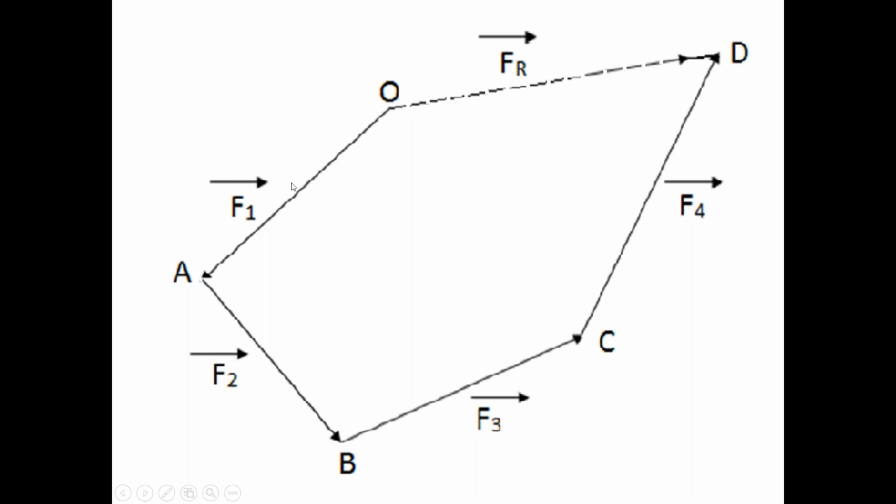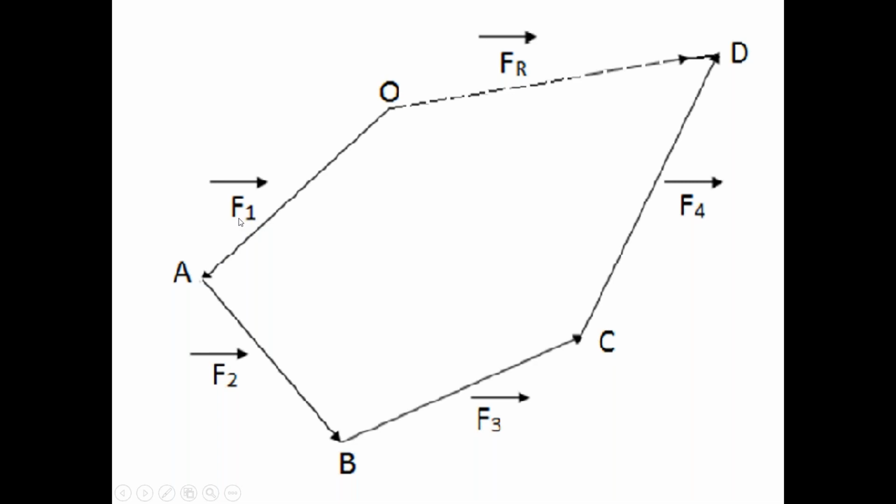At point A, indicate the direction of force F1 bar. Then we call this vector OA bar the equivalent vector of F1 bar.